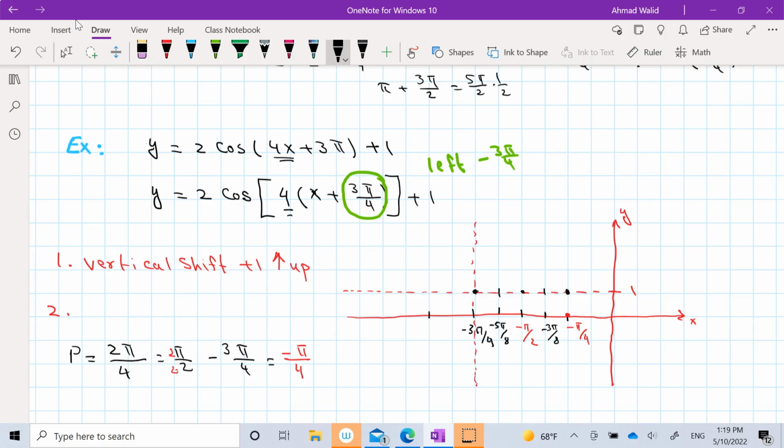Now, look at your amplitude. Your amplitude is 2, correct? You are moving from the new x-axis 2 units up and 2 units down, which you go to negative 1. Correct? Now, you are dealing with the graph of cosine. When you are dealing with the graph of cosine, the cosine starts from here. It peaks at the end, and it peaks at the center, and it peaks at the beginning, correct?